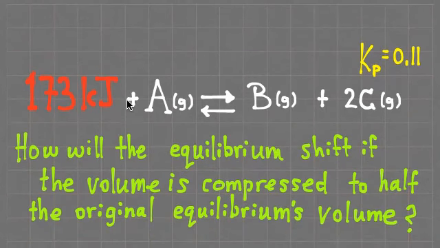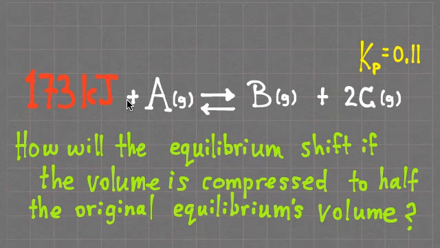How will the equilibrium shift if the volume is compressed to half the original equilibrium's volume? Well, let's see. This is a tricky one as well. Decreasing the volume, I'm compressing the volume, so I'm building up the pressure, and nature doesn't like that.